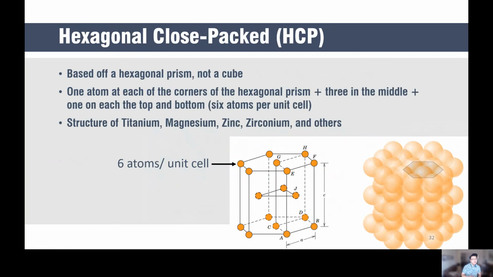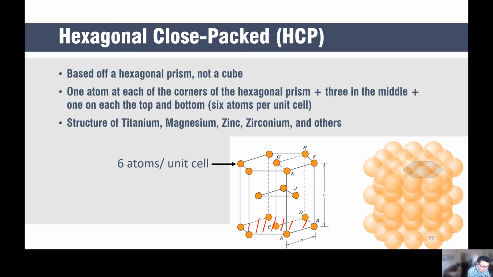The next one is called the HCP, which is the hexagonal close-packed structure. It's actually very similar to FCC if we dissect it. But right now, looking at this, hexagonal close-packed refers to a structure where there is a basal plane, where the atoms stack on each other almost like a hexagon or prism structure.